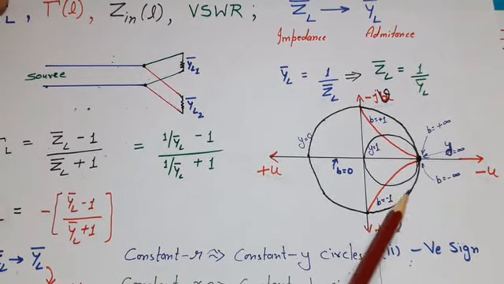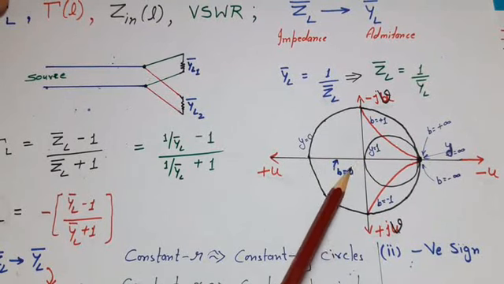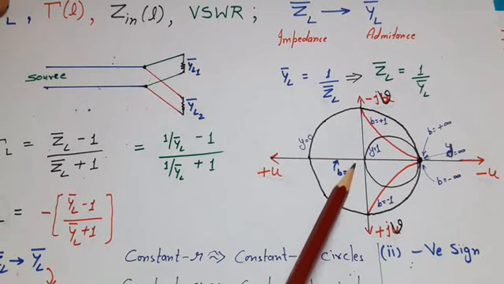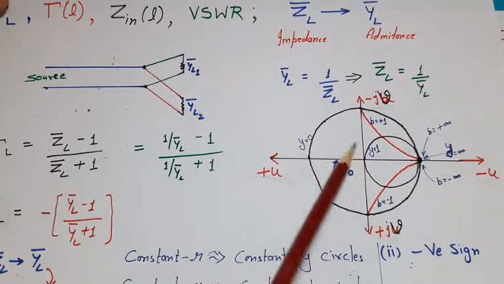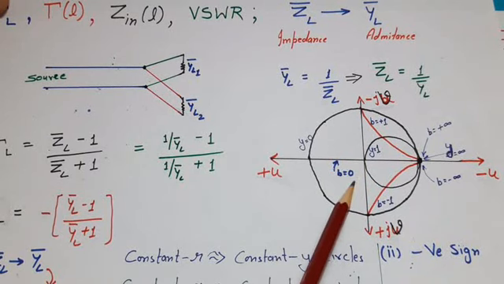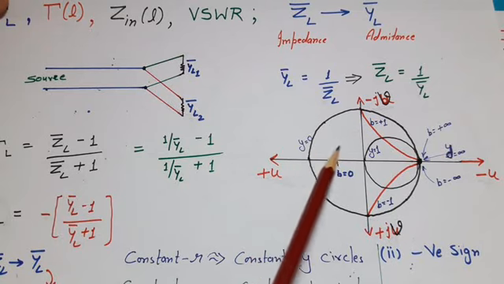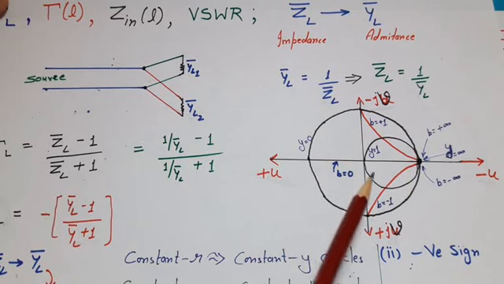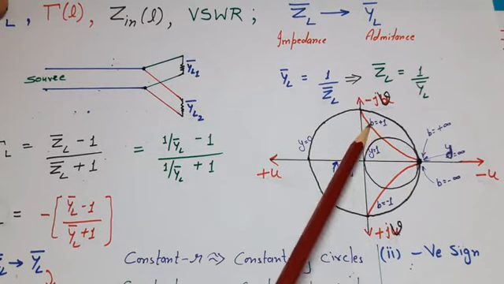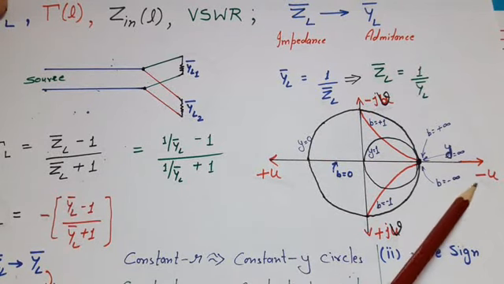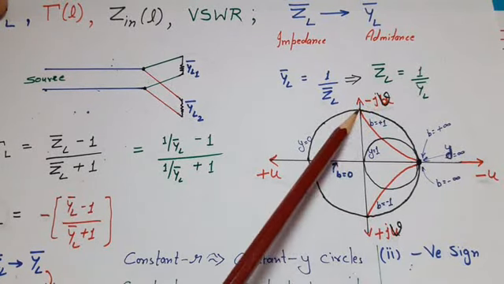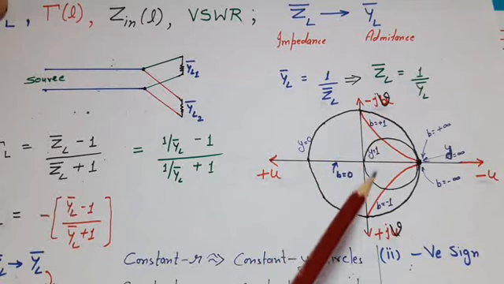Therefore, if normalized load admittance is given instead of normalized load impedance, then we are likely to make these changes in Smith chart. What are the changes? The changes are constant R circles can be named as constant Y circles, constant X circles can be named as constant B circles, plus U axis can be named as minus U axis and vice versa, plus V axis can be named as minus V axis and vice versa.